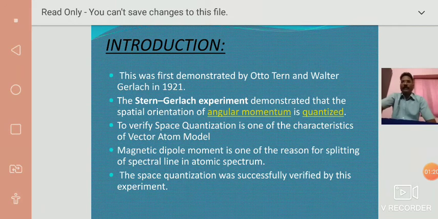Magnetic dipole moment is one of the reasons for splitting of spectral lines in the atomic spectrum. Why? Because the electron contains a magnetic dipole moment. This means whenever an atom is placed in an external magnetic field, there is a couple between electron and nucleus.